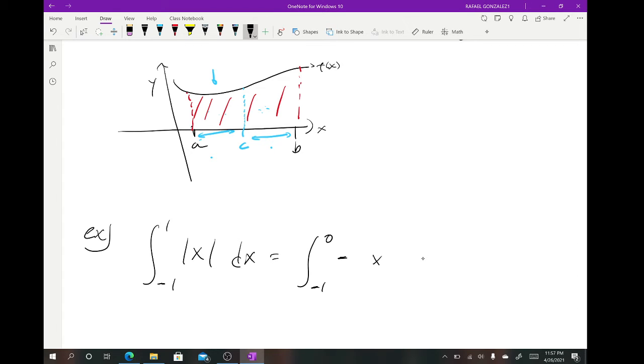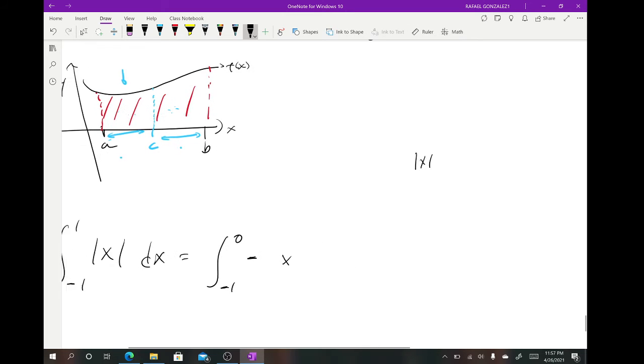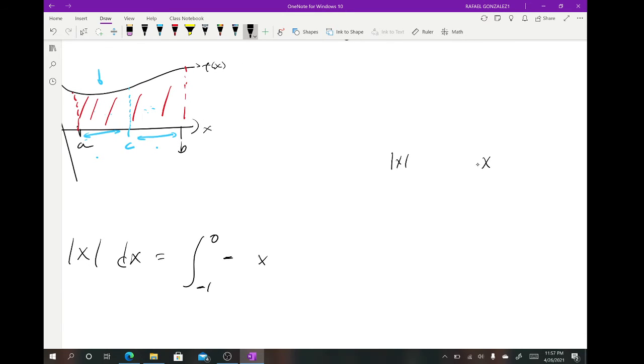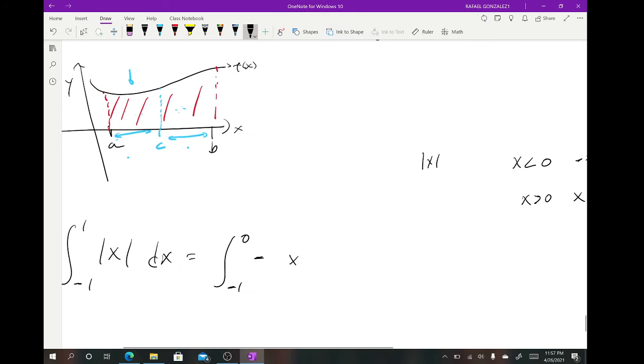And so basically, when x is less than 0, you have negative x, and when x is bigger than 0, you have x. And obviously when x is equal to 0, then you get 0.